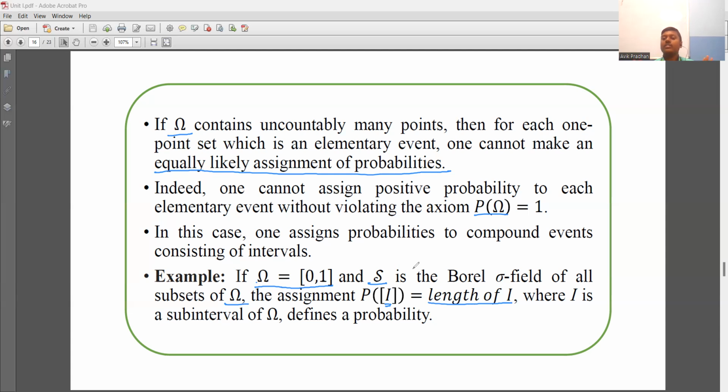Here we are not considering that all the sample points or all the elementary events are equally likely, and we can have an uncountable set for the sample space. So in this approach, we have overcome both the limitations which we had in the classical approach to assign the probability of an event.